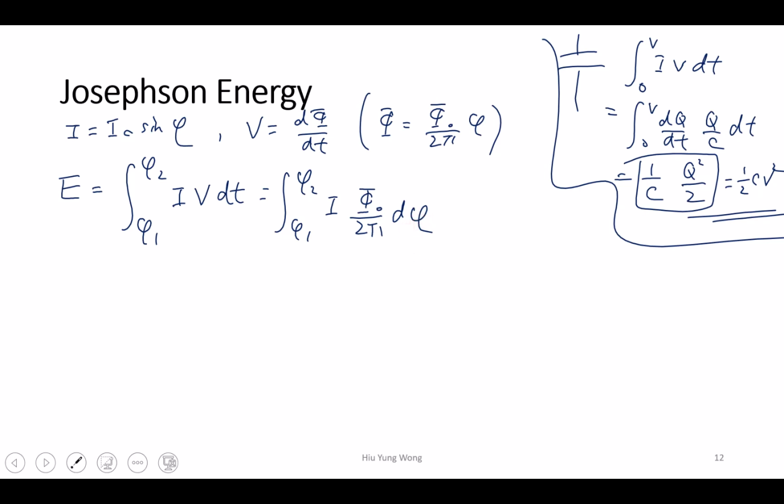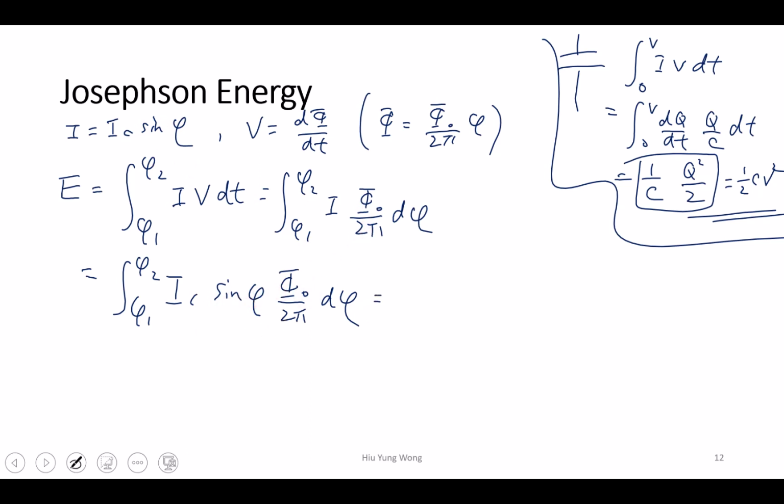Correct? And then, of course, I know I depends on the, it should be sine, right? Sine phi. Do you see this? I just put in I, because I is IC times sine phi. So now I can do the integration.